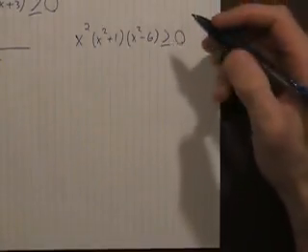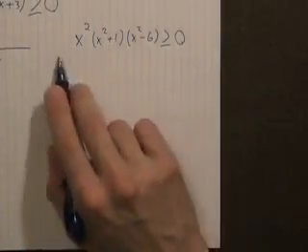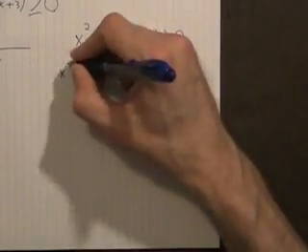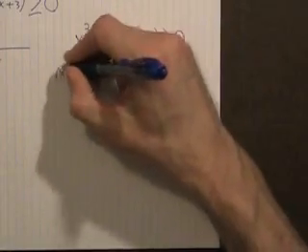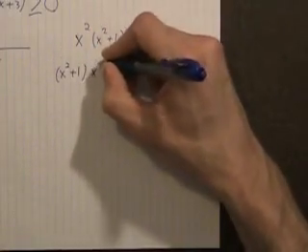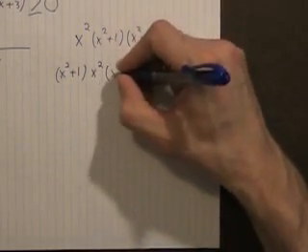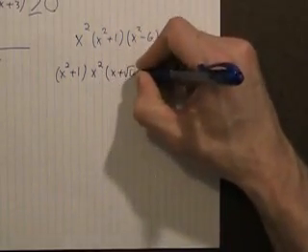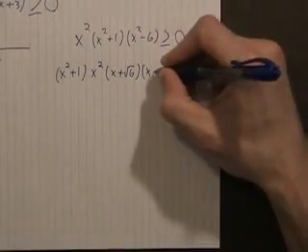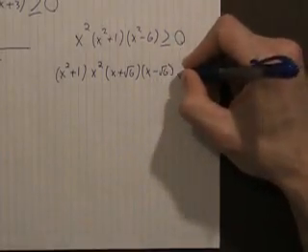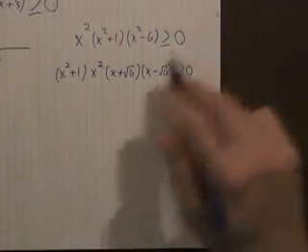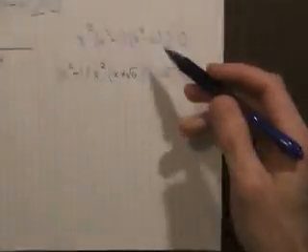So I'll factor it completely. I'm just going to put this term out in front. I'll tell you why later. X squared plus 1, and then there's an x squared, and this is a difference of squares. That's going to factor into x plus radical 6 times x minus radical 6, and we want greater than or equal to 0.